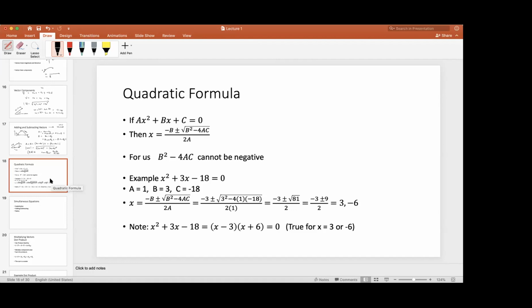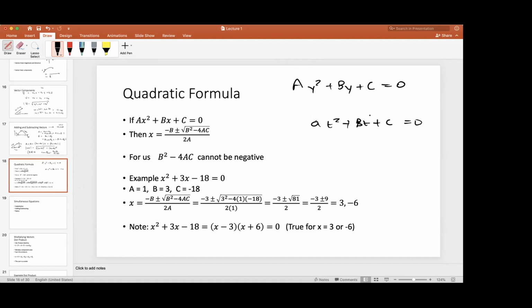I want you to make sure that you remember how to do the quadratic formula. So if we have a quadratic equation, it could be AY squared plus BY plus C is 0. It could be anything weird. It could be, you know, AT squared plus BT plus C is 0.